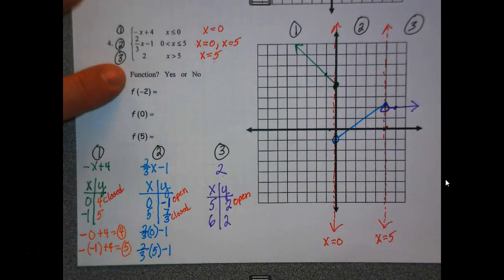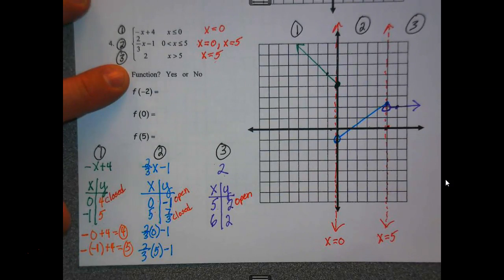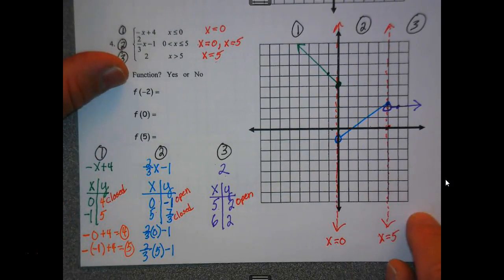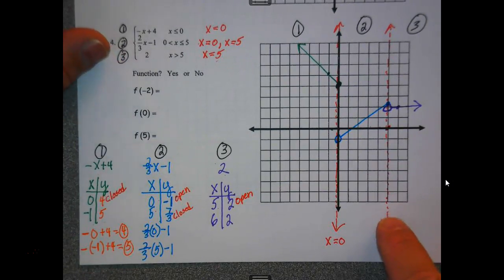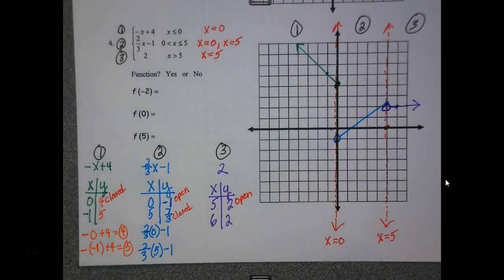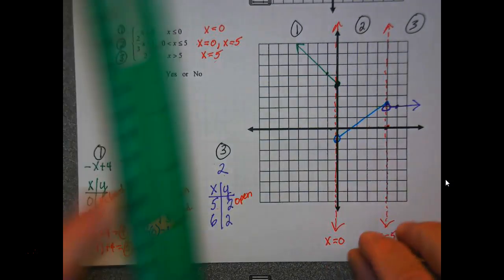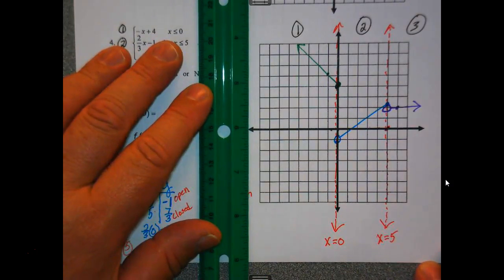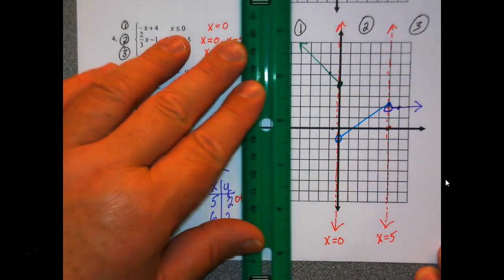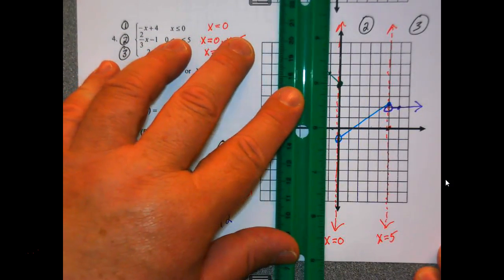Now, function. Is it a function or not? Now, since we have a graph, we could do this pretty easily by using what? Right? Vertical line test. Remember, if it crosses my graph at more than one point, it is not a function. So I'm going to go along here. Let's see, 1 point, 1 point, 1 point.